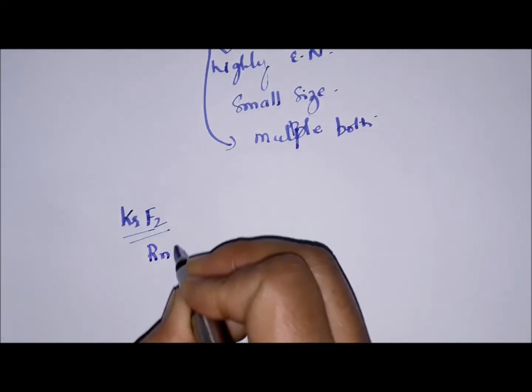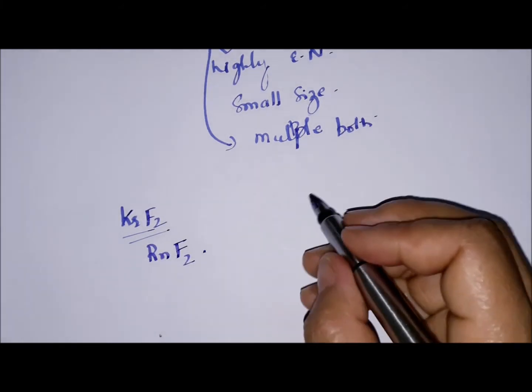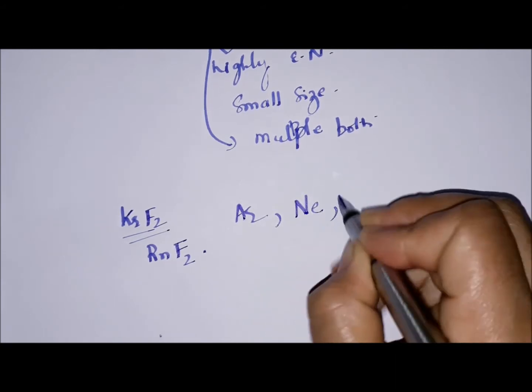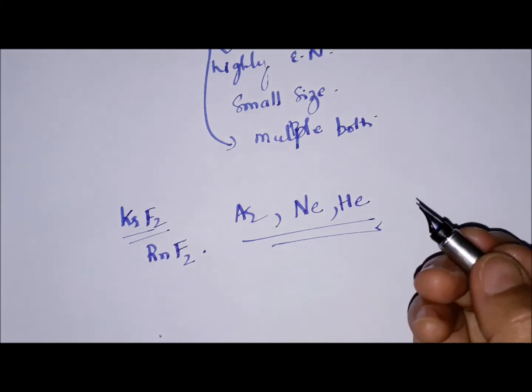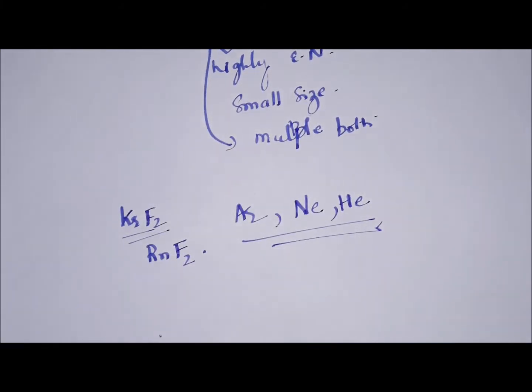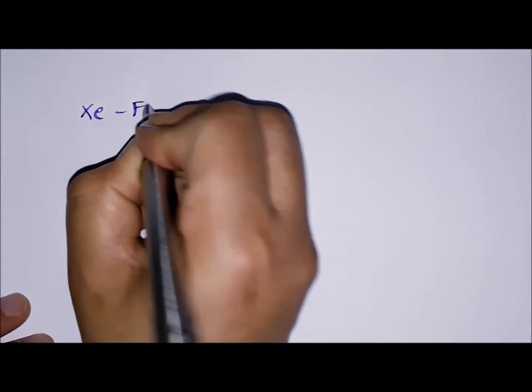The compound is radon difluoride, and there is no such compound of argon, neon, helium. Why? Because their ionization enthalpy is quite large compared to krypton, xenon and radon, which lie below in the periodic table.